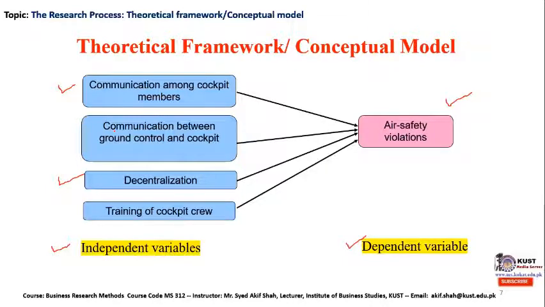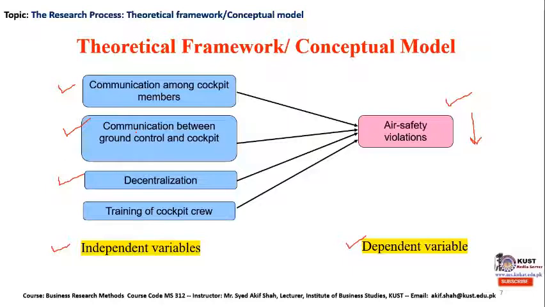Or the other way around, the researcher has developed the relationship that if there is an increase in communication among the cockpit members, meaning good coordination amongst the cockpit crew of the aeroplane, the air safety violations will reduce. Similarly, the second independent variable to influence the number of air collisions is the communication between the ground and the cockpit.